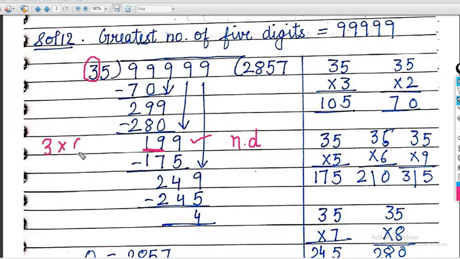So 6 we have got. You will multiply 35 by 6. We are getting 210. 210 is also a bigger number. So what is the previous number of 6? 5. 5 से multiply करोगे. We are getting 175. ठीक है, 175.